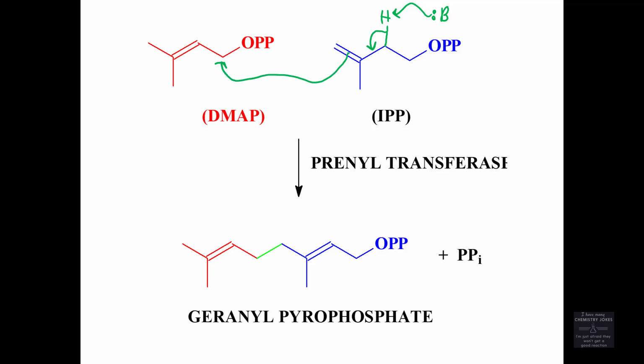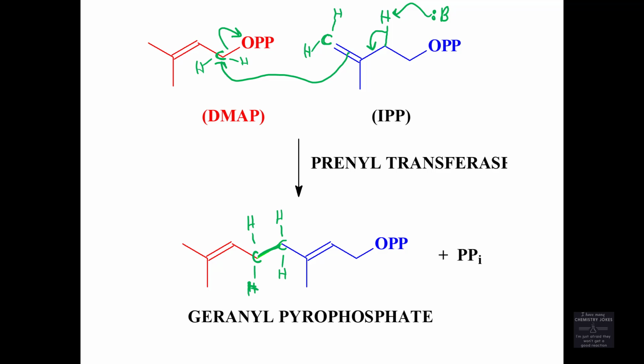The pi bond reaches out, attacks, and ejects OPP. I'm drawing it like a weird little mechanism, but this is a physiological thing that's happening. A new carbon-carbon bond is created between this CH2 and this CH2. There's a reason I drew it in green. Those two CH2s are now connected.